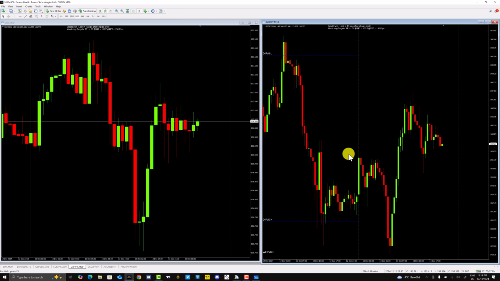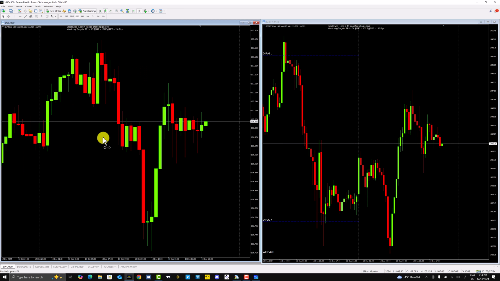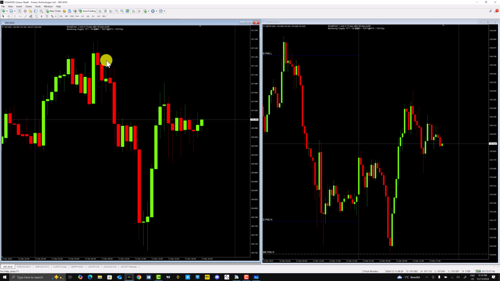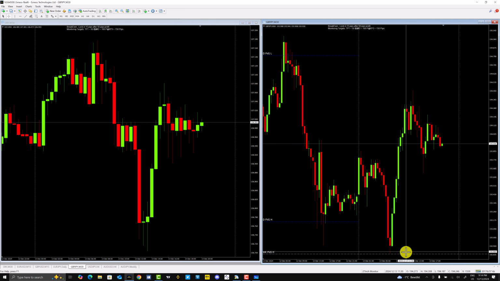And if you take a look at when the dollar index was dropping, we had our pound yen also rising.